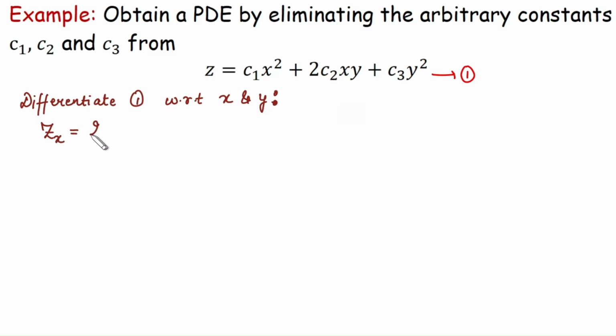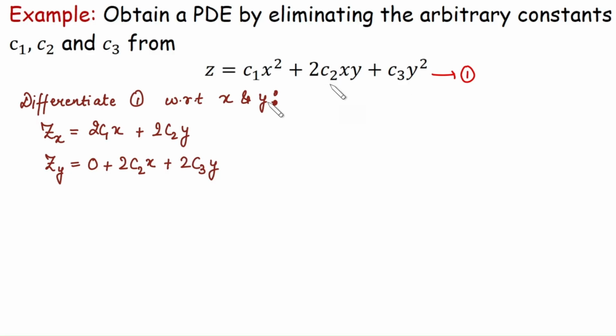That is equal to 2c1x plus 2c2y, because the last term is not depending upon x. What is the first order derivative of z with respect to y? That is 0 plus 2 times c2 into x plus 2 times c3 into y.